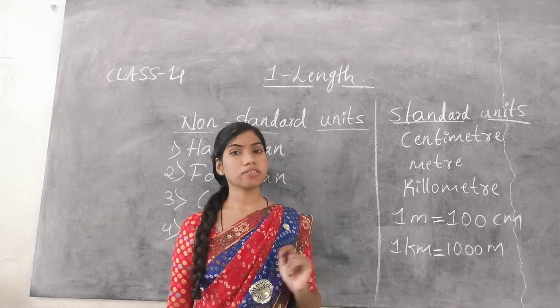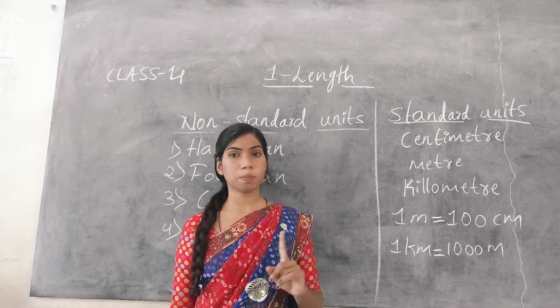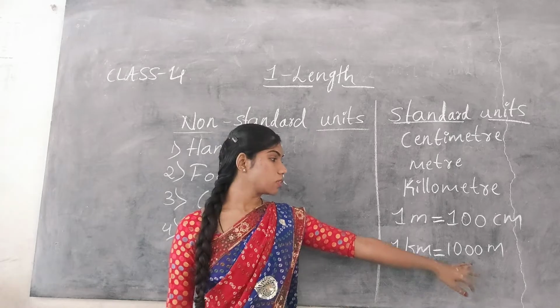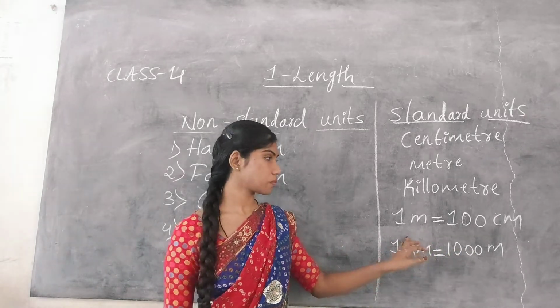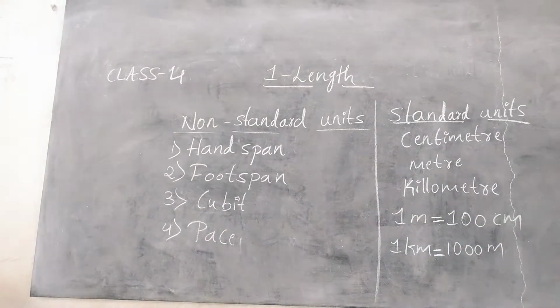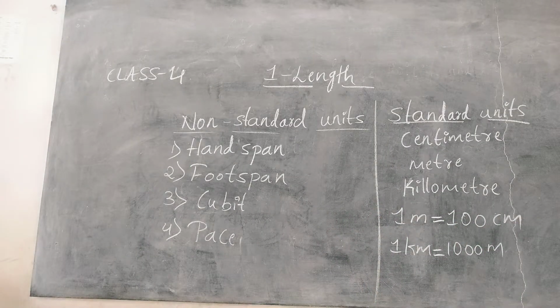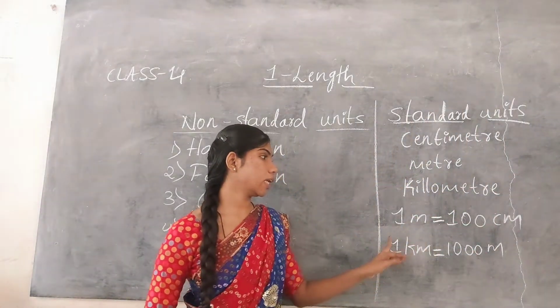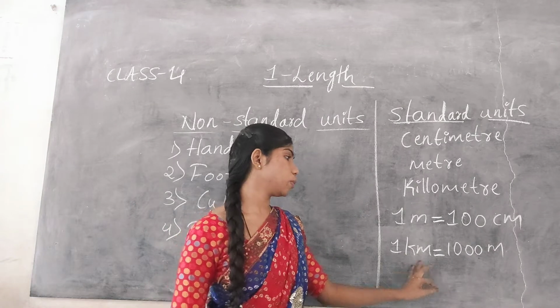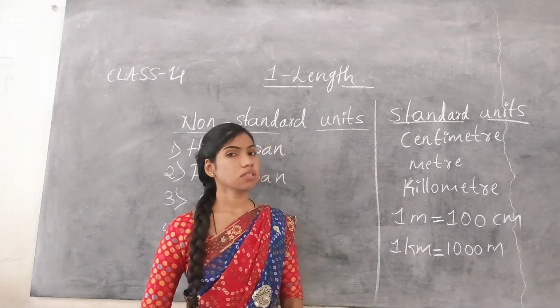Remember, 100 centimeter means 1 meter and 1000 meter means 1 kilometer.